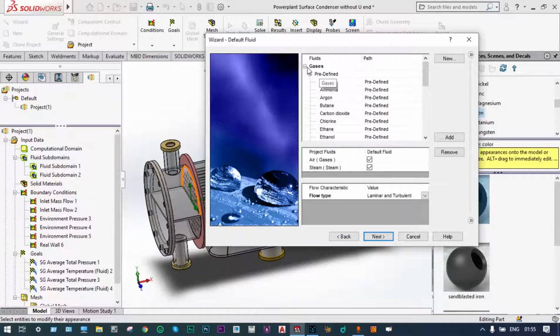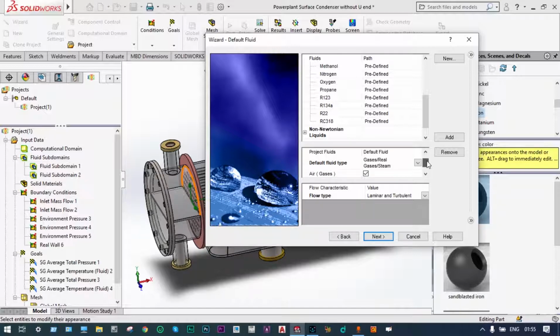So let us take water also as a liquid. We are taking water. So you can see 3 different fluids we have taken. We have taken steam and air as a default fluid, and for coolant we are supplying water at low temperature.